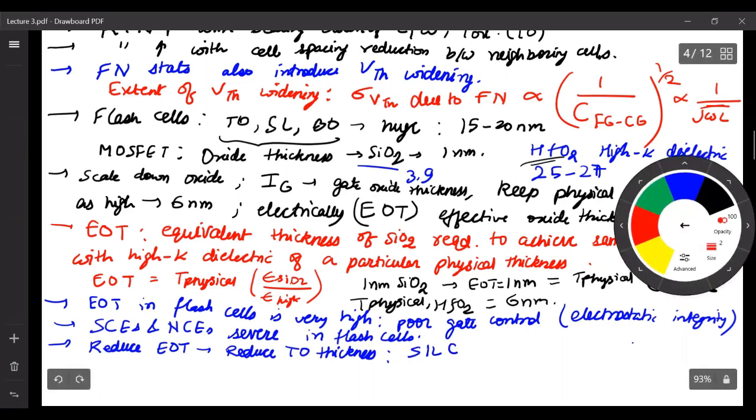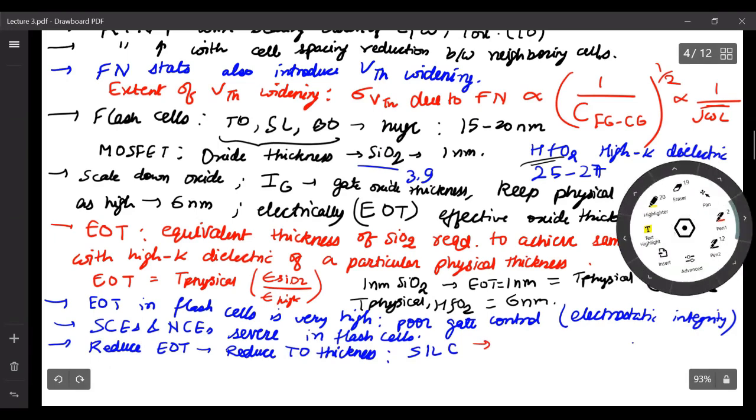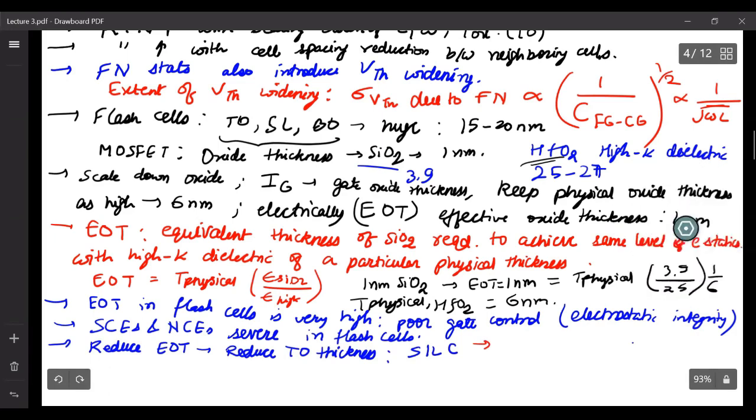Also, since your neighboring cells are placed very close, let me write that. Your neighboring cells are placed too close. Once they are placed too close, what will happen?